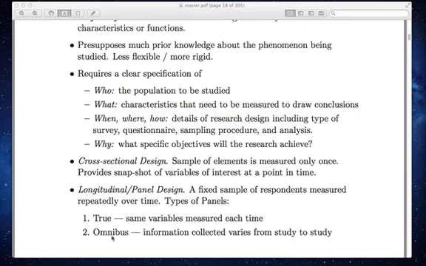Let me now give you an example of a study that I worked on a few years ago that makes use of both an omnibus and a true panel. A few years ago I was involved in a project to market hearing aids. Hearing aids are a notoriously difficult product to market because you don't want to wear one.